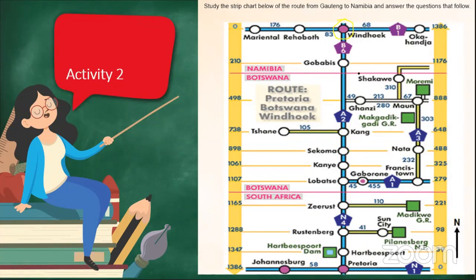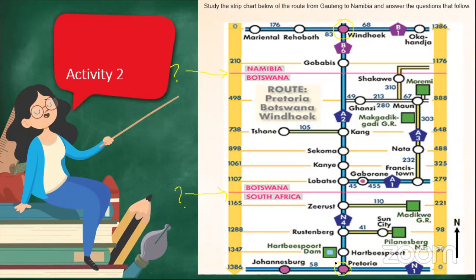Can anyone tell me what this pink line is for? I can ask you this in an exam. It goes from Windhoek, which is in Namibia, past Botswana, into South Africa, and straight to Pretoria. There's Pretoria.